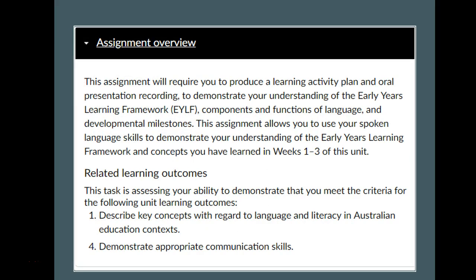Like I said before, you're going to produce a learning activity plan and oral presentation recording to demonstrate your understanding of the Early Years Learning Framework, components and functions of language and developmental milestones. You're going to be looking at the framework and concepts that you have learned in weeks 1 to 3 of this unit. That's your real focus in regards to this assignment.